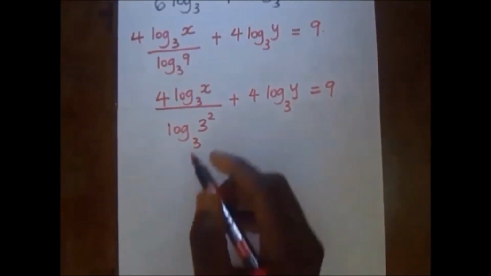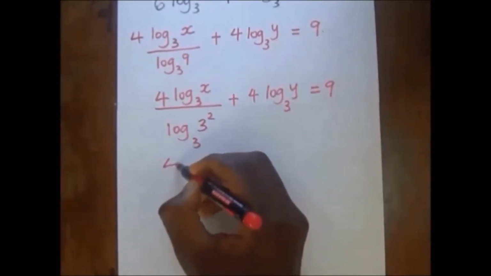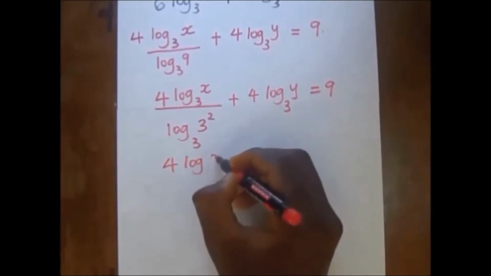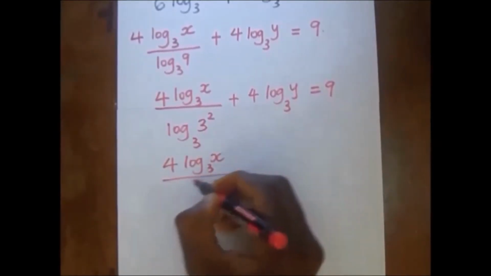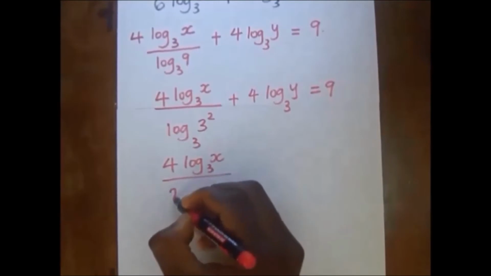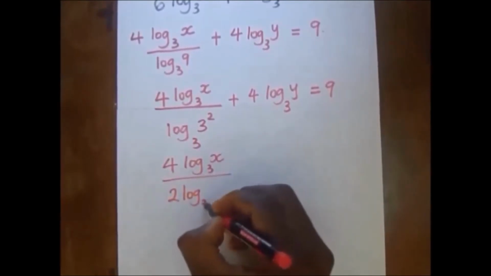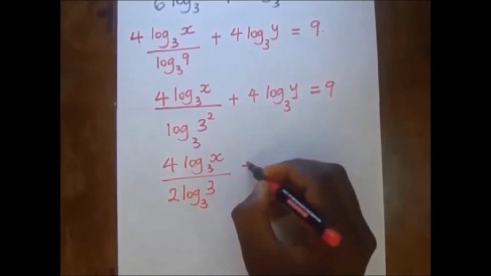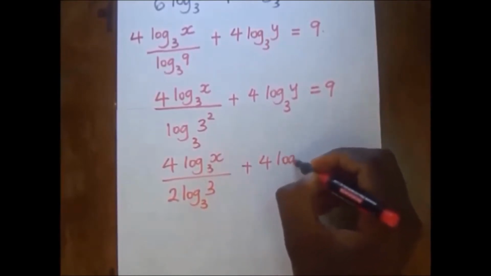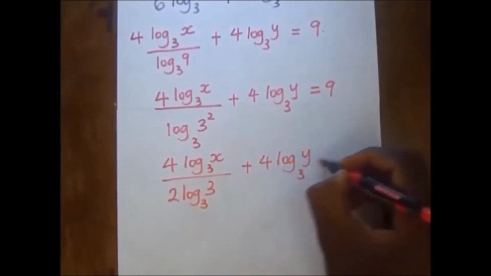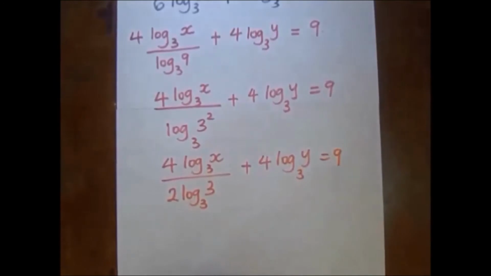What do we come up with? This becomes 4 log x base 3, divided by this 2 that comes down, so 2 log of 3 base 3, plus 4 the logarithm of y base 3 is equal to 9.